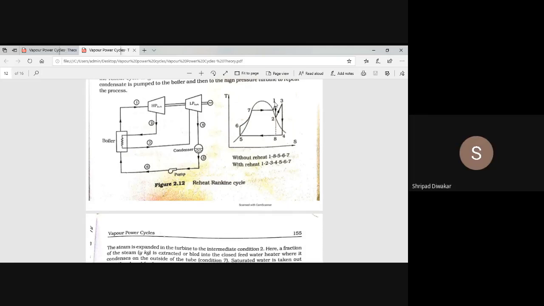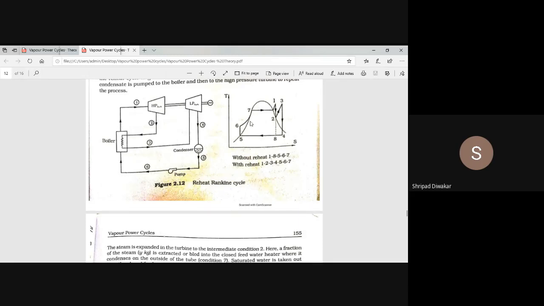Okay, so you have to show 1 a little bit above the saturation curve. Then 1 to 2, what is it? The isentropic expansion in the HP turbine. Then 2 to 3 is what? It is reheating. The steam expanded in the HP turbine enters into the boiler, where heat addition takes place.